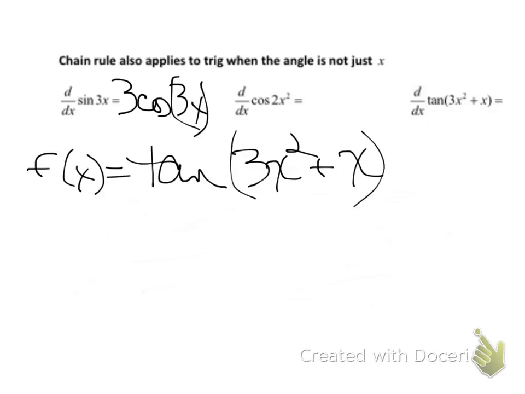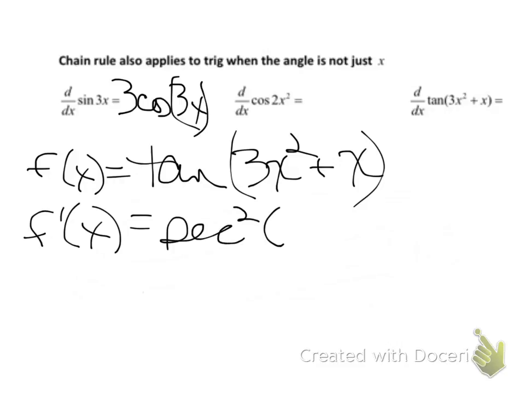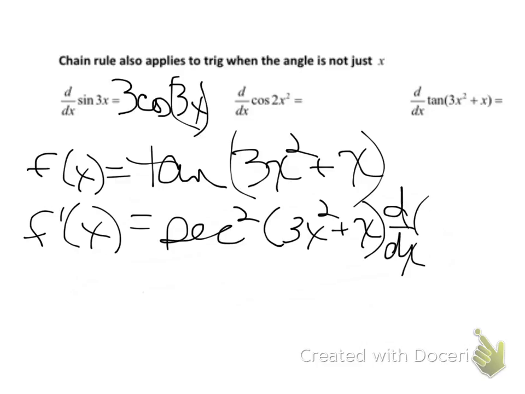That's my angle, so my derivative will be secant squared. Don't change your angle, times now the derivative of the actual angle. So the angle always comes along with the trig term, just the way it is. That derivative is going to be 6x plus 1.